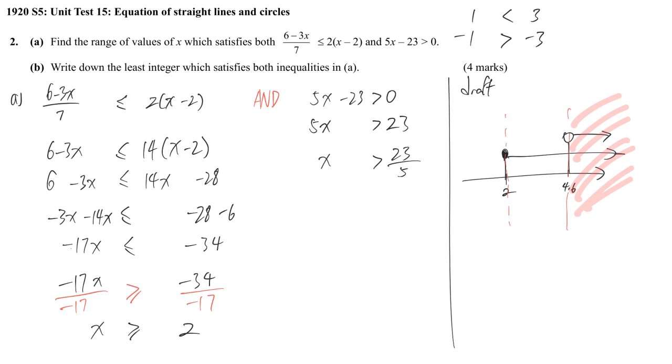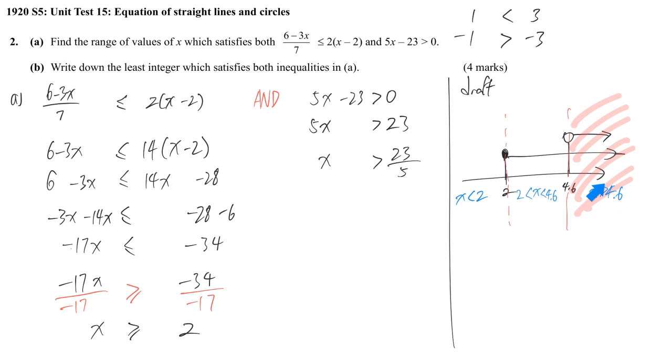and our answer is the name of this region which fulfills both requirements. The first region is called x, any x smaller than 2. The middle region is called x between 2 and 4.6, and the last region is called x larger than 4.6. This region is all the x which is larger than 4.6.